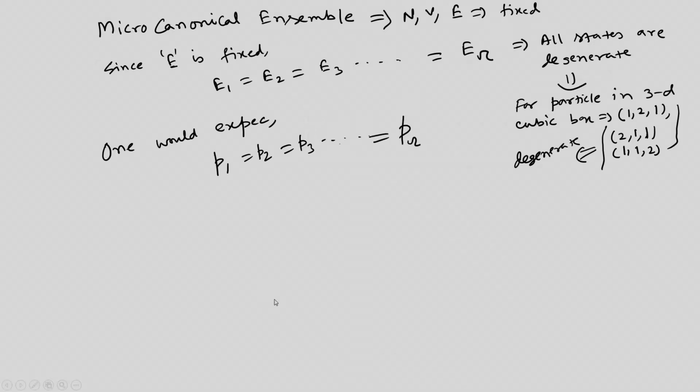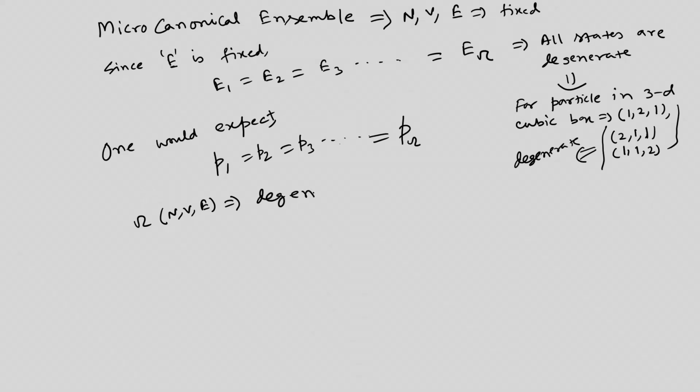This means the probability of having state 1 with energy U1, we define as P1, equals P2 equals P3 equals P omega, where omega is the degeneracy as I mentioned. So, omega is a function of N, V and E, the degeneracy.